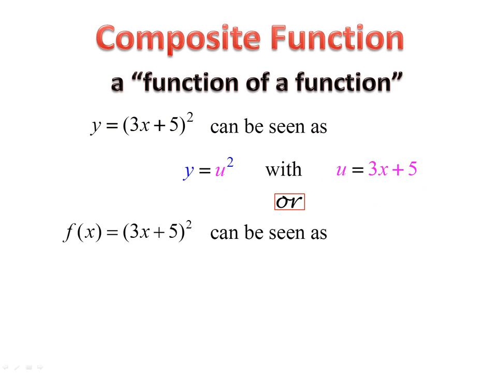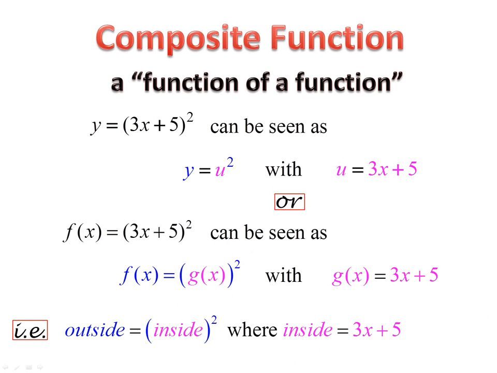Or f of x equals (3x plus 5) squared can be seen as f of x equals g of x all squared, with g of x equaling 3x plus 5. So this is with the y notation, and this is with the functional notation.